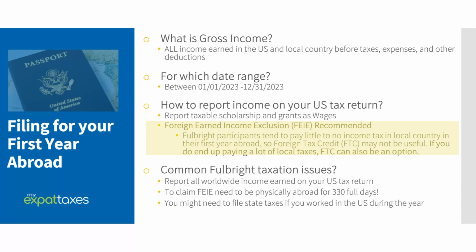So this prevents you from using the foreign tax credit, and probably most of you will benefit from using the foreign income exclusion. What those two are and how we use them to minimize and optimize taxes for US citizens abroad, I'm going to tell you a little bit more in a bit.